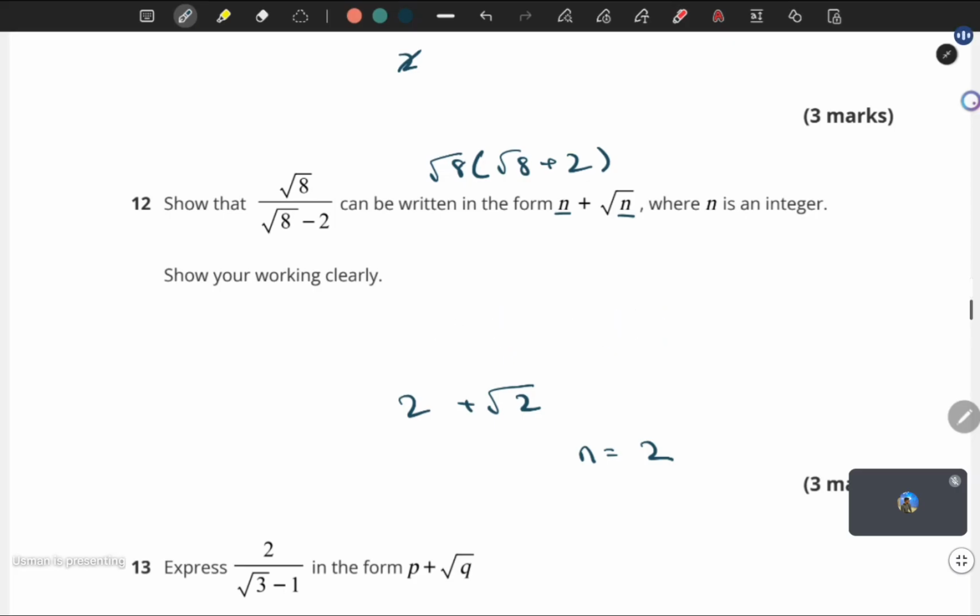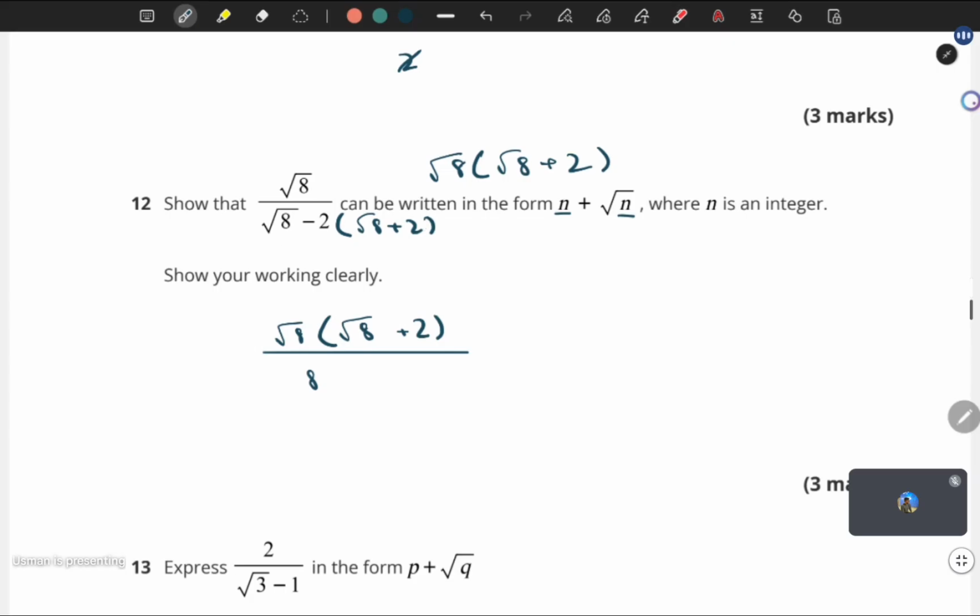So, from the starting, if we make all our working, we have root 8 multiplied by root 8 minus 2 over 8. I'm just making it plus 2. This is multiplied by root 8 plus 2. So I'm giving the final answer here. So 8 minus 4.